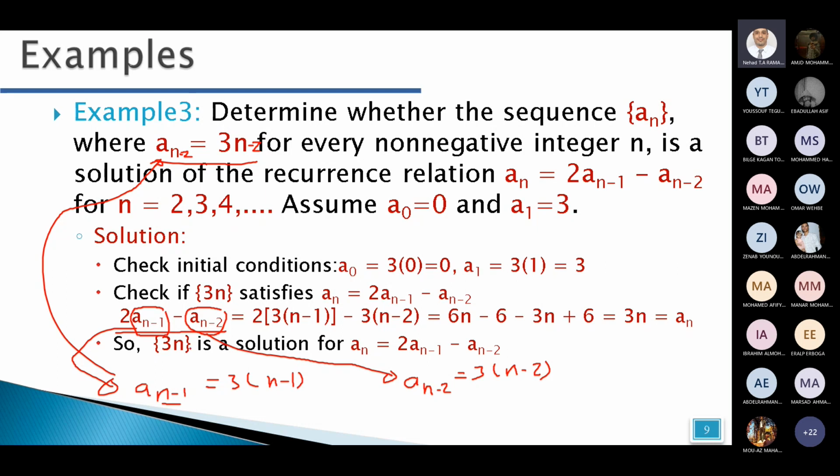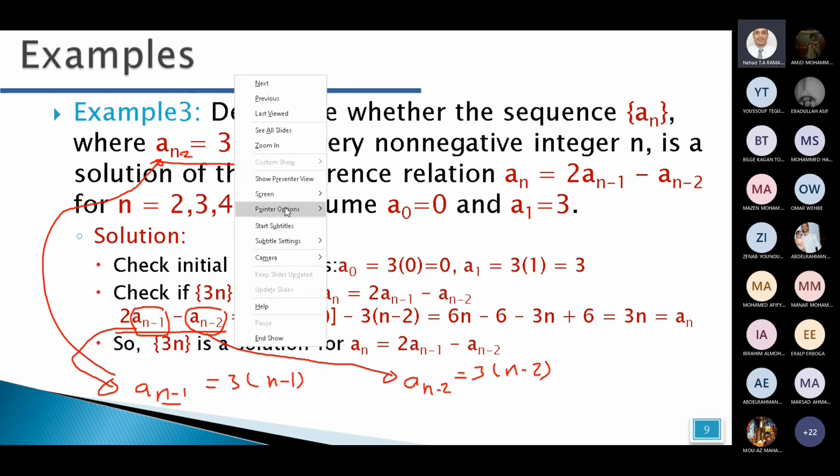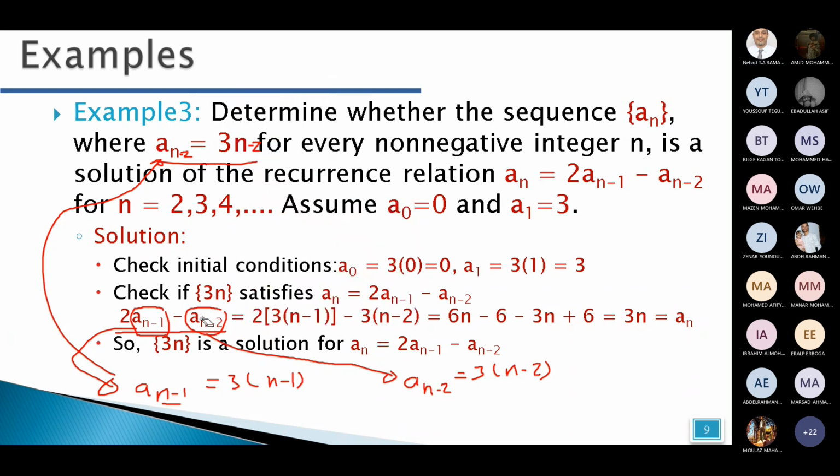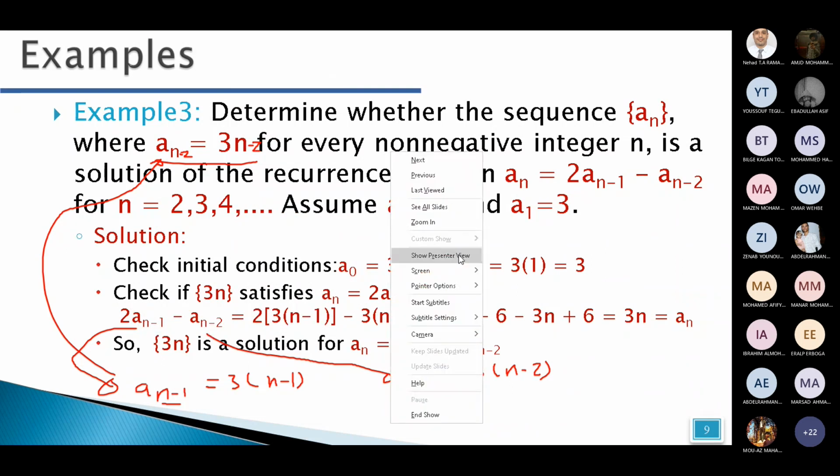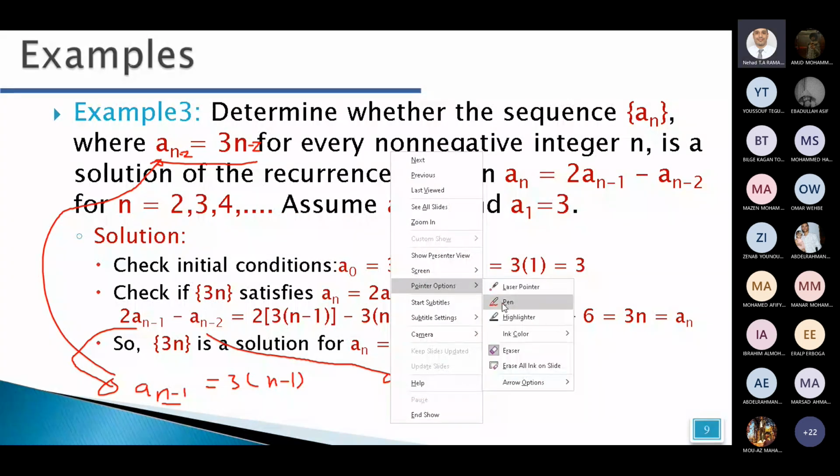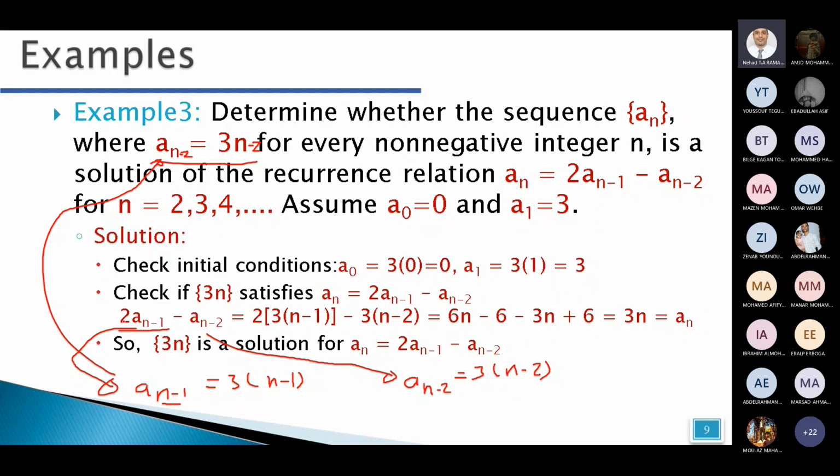So this one is equal to 2 multiplied by the solution, which is 3(n minus 1), minus a_{n-2}, which we find here.